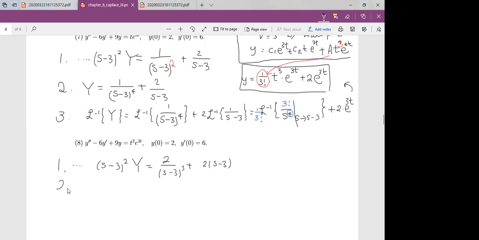Good. Step 2 is to solve this for capital Y. s minus 3 to the 5th.